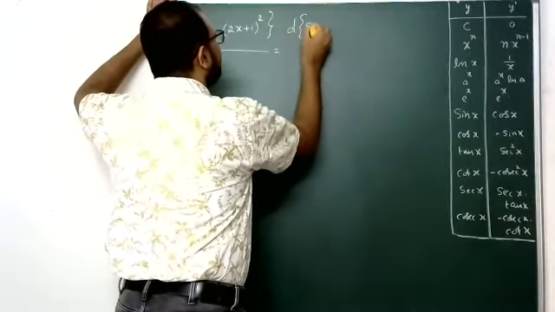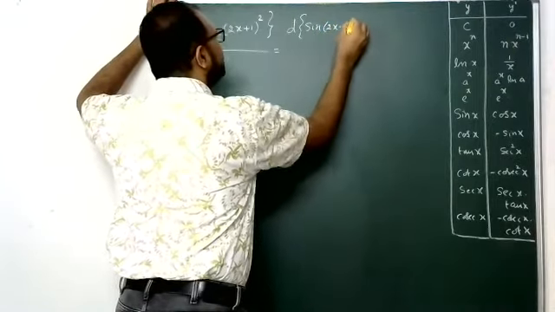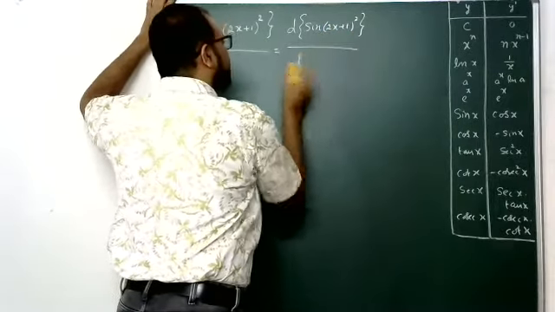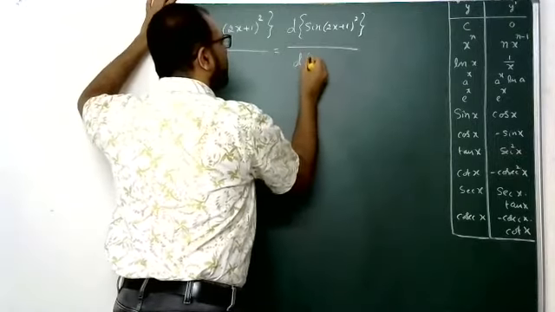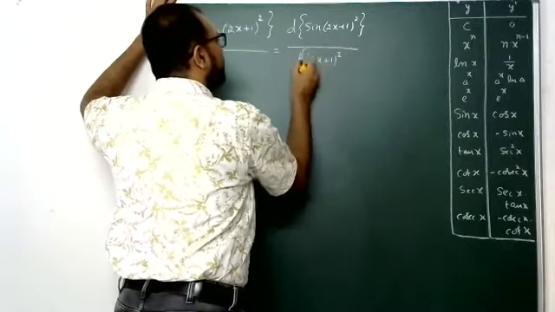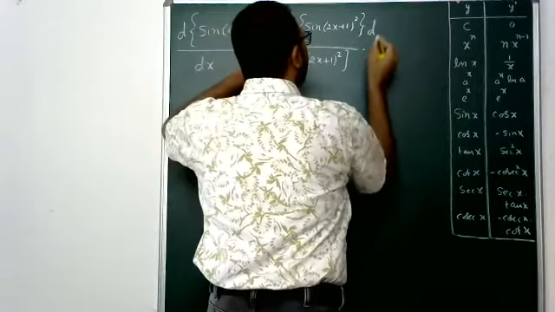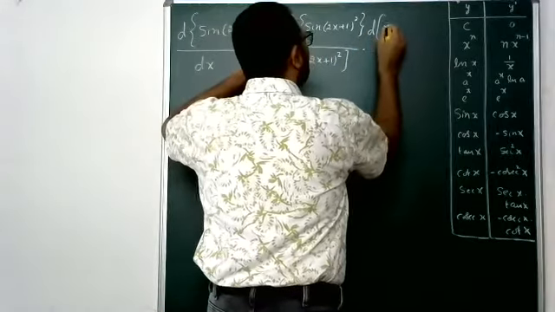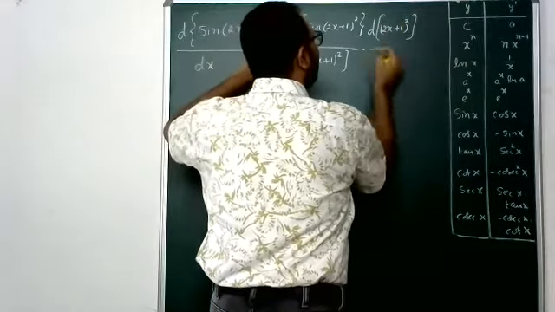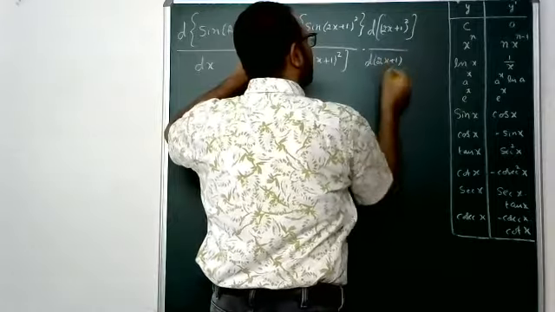Derivative of sine of (2x plus 1) whole square with respect to (2x plus 1) whole square, into derivative of (2x plus 1) whole square with respect to 2x plus 1.